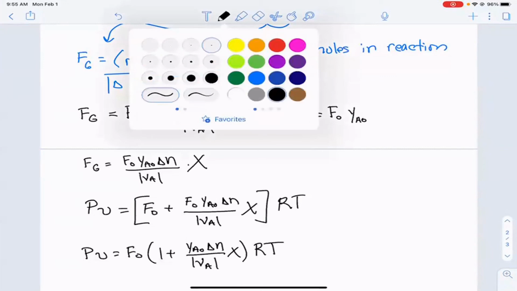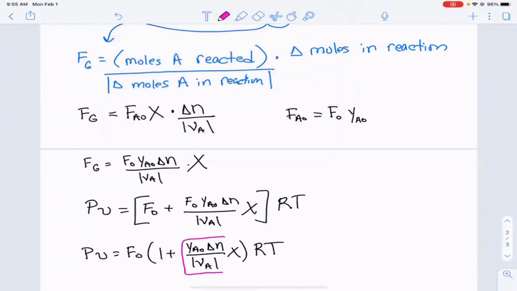And this thing that I'm going to circle is really a pain to just carry around in all of our reactions. And it's something that's relatively straightforward for us to calculate, and we'll do that in an example problem in a minute.